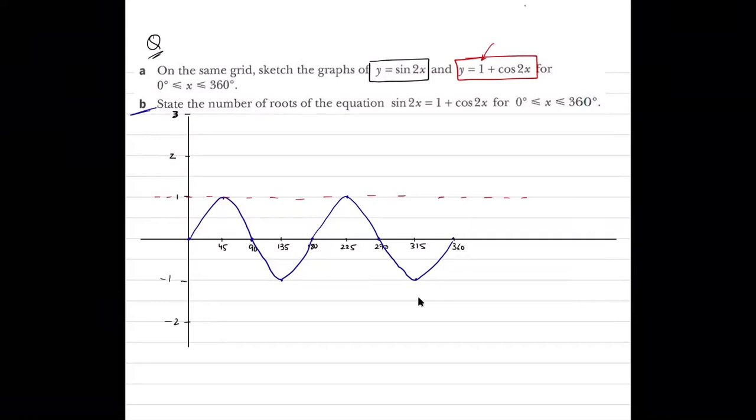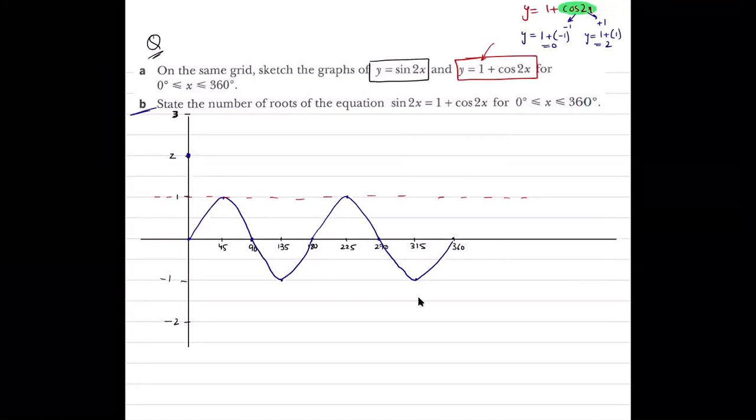The other short method would be that cos 2x has a maximum and minimum value of +1 and -1. So in place of cos 2x, if I add -1, I'm going to get 0, and if I add 1, I'm going to get 2. So this graph of 1 plus cos 2x is going to oscillate between 0 and 2.